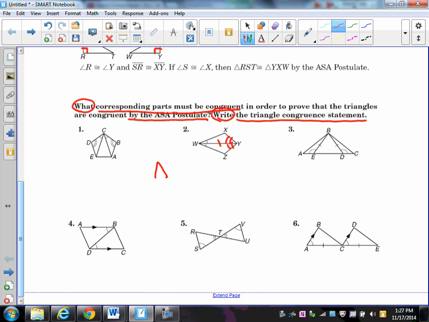So our congruence statement would be triangle WYX is congruent to triangle WYZ. So our angle was angle XYW had to be congruent to angle ZYW.